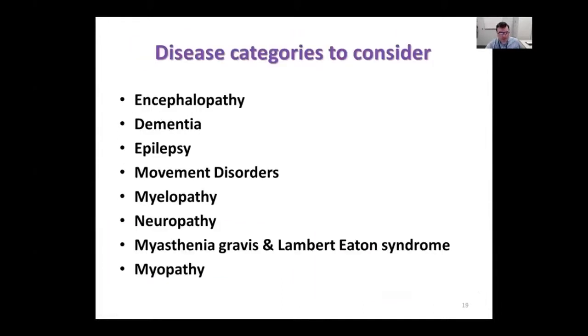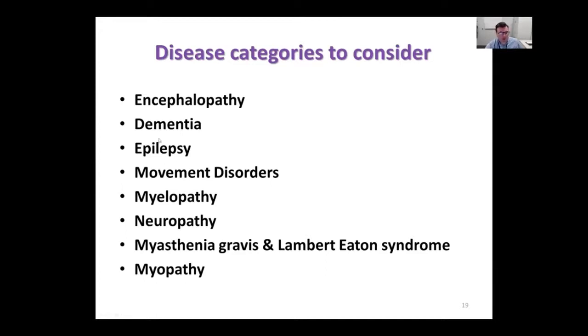So overall, the disease categories to consider in patients with autoimmune neurological disorders are the encephalopathies, dementias, epilepsies, movement disorders, myelopathies. I haven't gone on to talk about peripheral nervous system disorders today, but neuropathies, myasthenia gravis and Lambert-Eaton syndrome, and myopathies. We take a profile-based approach depending on what the phenotype is, what the doctor finds on the history and the exam, alongside the other factors that would make one suspicious for an autoimmune cause.